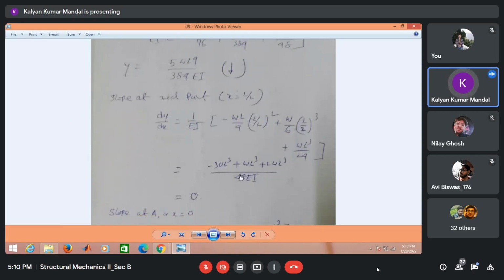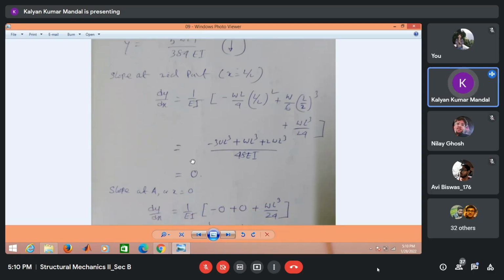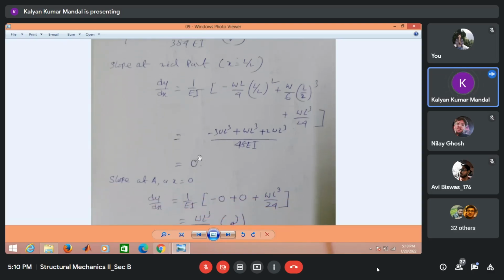If we simplify this, it is equal to 0. That means at the midpoint of the beam, the slope is equal to 0. That means the tangent on the elastic curve at the midpoint is parallel to the initial longitudinal axis.